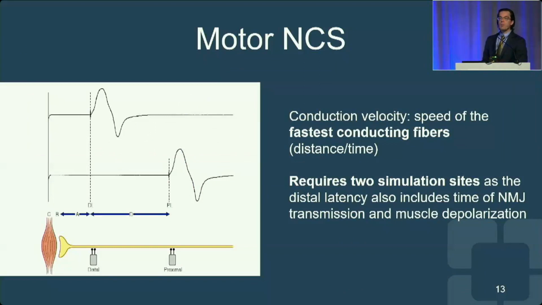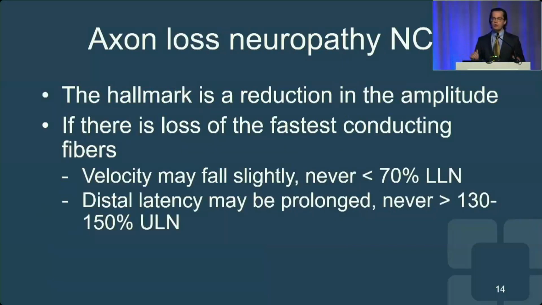So what we do is a proximal stimulation, and then we can subtract the distal motor latency from the proximal motor latency, and what we get is the time of conduction across there. And if you know the distance between the distal and the proximal stimulation site, you can get distance over time. But that's why there's always two stimulation sites for motor studies that you'll see on your reports.